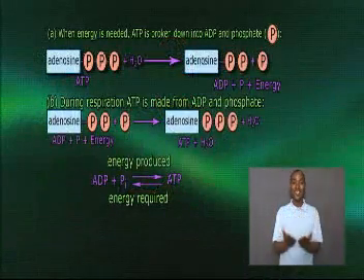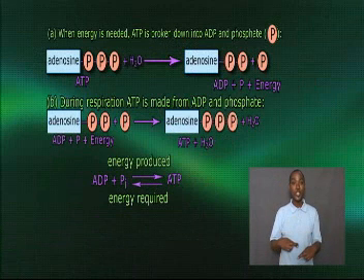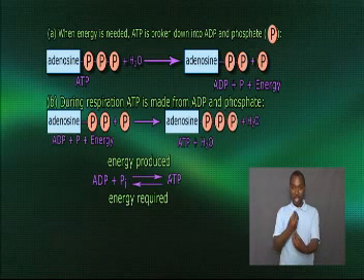All cells require energy to carry out the necessary reactions of life. Respiration provides the cells with this energy. The process of respiration releases energy from the food we eat so that the cells can use it.